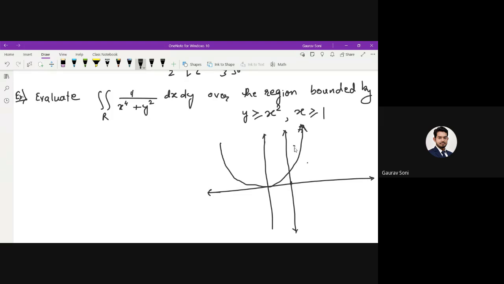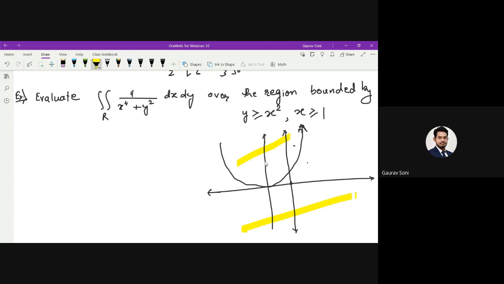Okay. So take some point in this area. The parabola divides the total plane into two parts. So I have to differentiate in which area this inequality is satisfied.